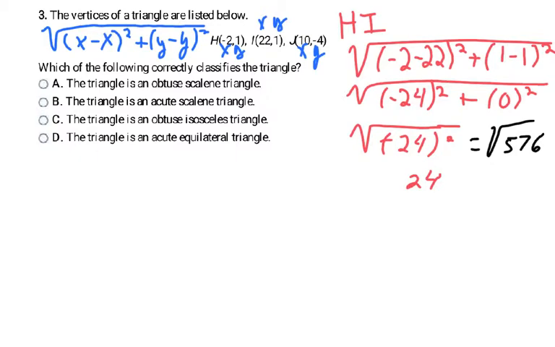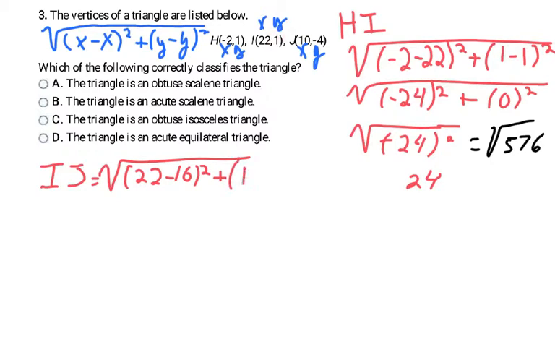So then we have to go over here and calculate another length. So we're going to look at IJ. The x coordinates of I and J are 22 and 10. So I'm going to go ahead and subtract those. 22 minus 10, quantity squared. And then the y coordinates of I and J are 1 and negative 4. So I'm going to subtract those. 1 minus negative 4, quantity squared.